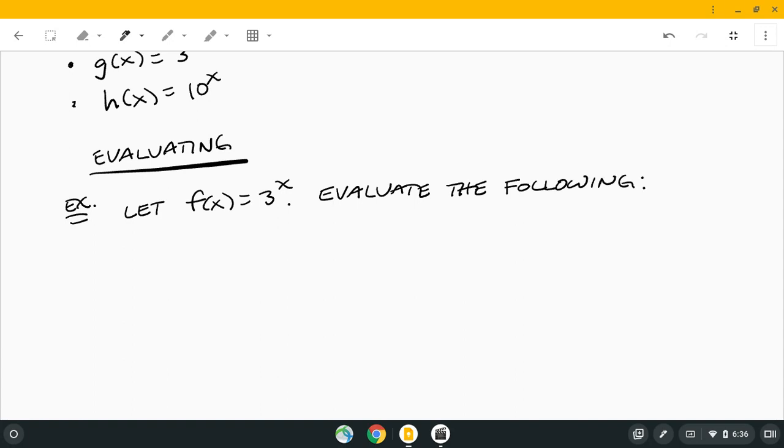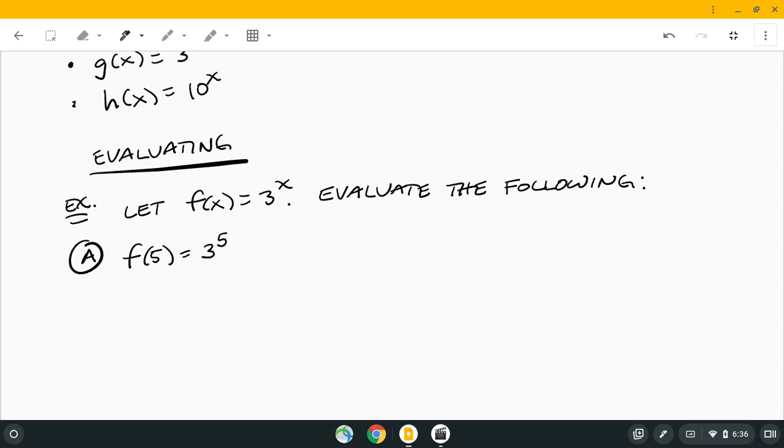If we wanted to find f of 5, then we would need to replace the x value with 5. So this would be 3 to the 5th power.